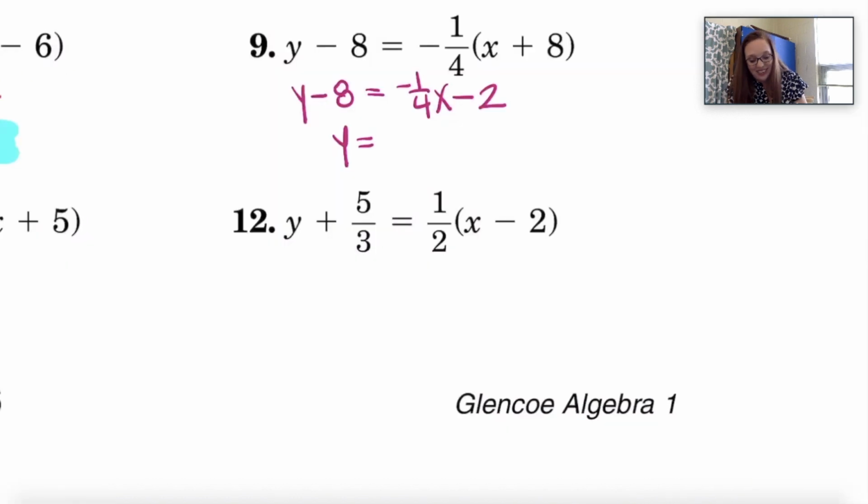Okay, there we go. So we are going to add 8 on both sides. All right, so I'm going to bring down that negative 1/4 x. And I'm doing negative 2 plus 8. Well, negative 2 plus 8 is positive 6, so plus 6. So we get y equals negative 1/4 x plus 6.